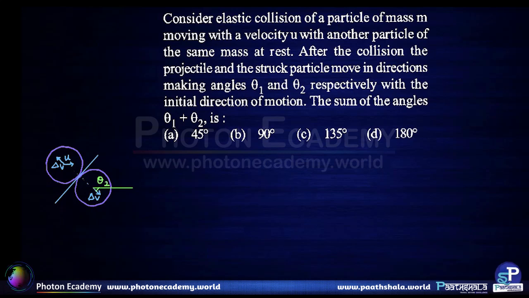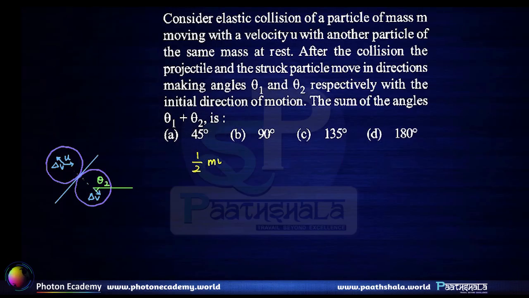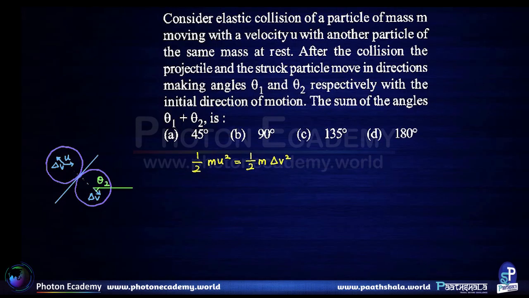In an elastic collision, we can conserve kinetic energy before and after the collision. So we have 1/2 m u squared. This is the total kinetic energy before the collision. And what is the total kinetic energy after the collision? We have 1/2 m delta v squared for the kinetic energy of the second particle plus 1/2 m times v squared of the first particle.